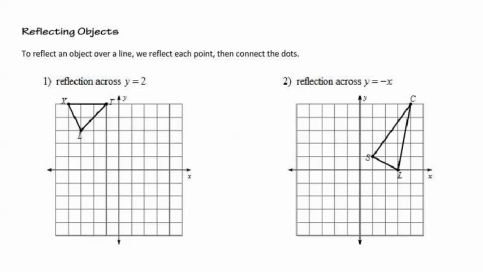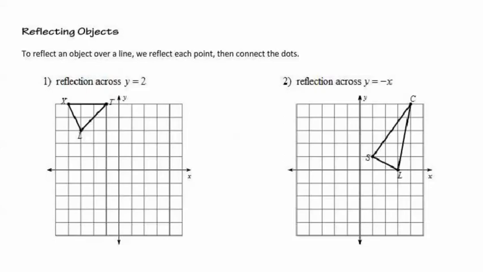If a line is simply vertical or horizontal, then we'll do it by counting. I'm going to show you both here in number 1 and number 2 how that's going to work. Then I'll give you an opportunity to do 3 and 4 on your own and kind of check your work. I'll keep recording and put it on here on the video, but you can at least check your work and see how you're doing.